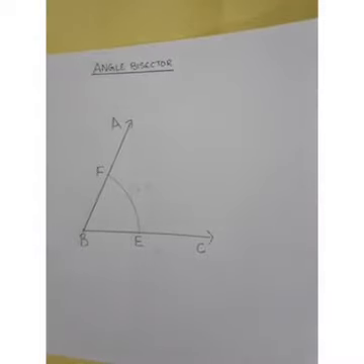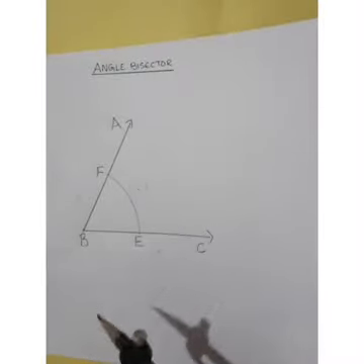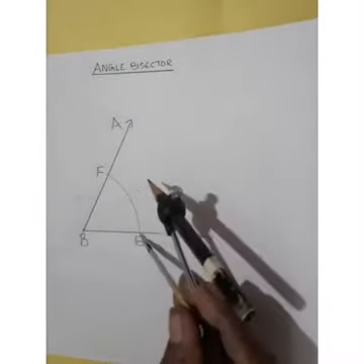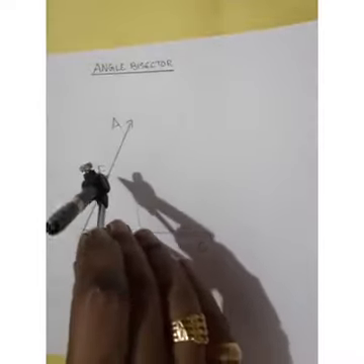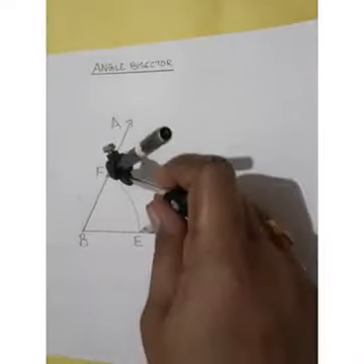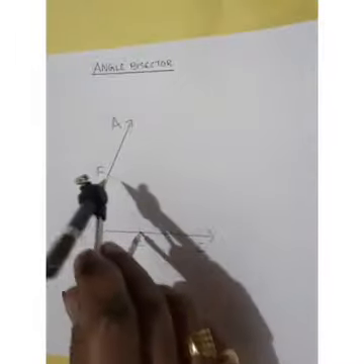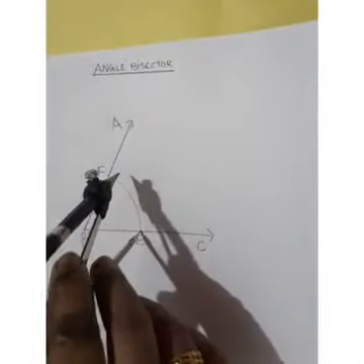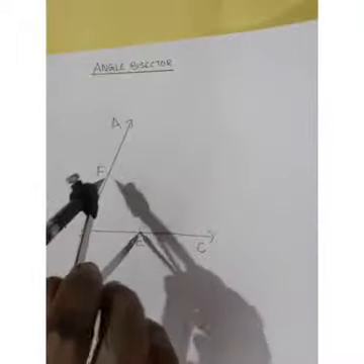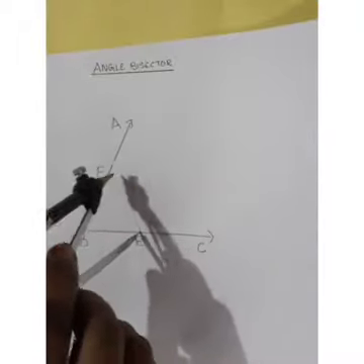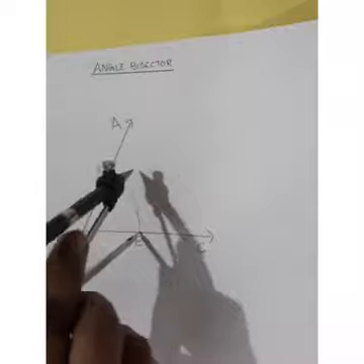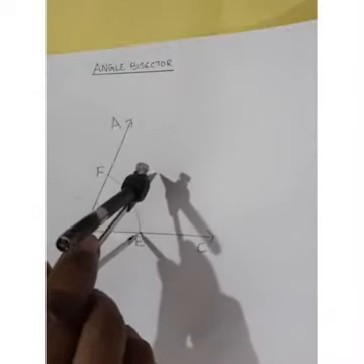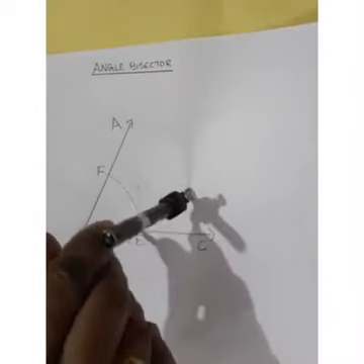Then we need to construct two more arcs from the points E and F. So the next step, with E as center and radius equal to more than half of EF. This is EF. More than half of EF means you can take the full EF, or more than that. I am taking more than half of the radius EF and drawing an arc with E as center.